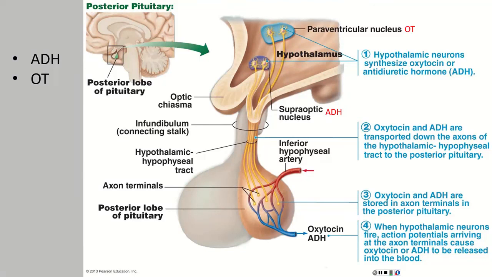On the other hand, hyposecretion of ADH causes diabetes insipidus. Now, we've mentioned this back in the kidney chapter, but we're going to go a little bit deeper now. Diabetes insipidus has the symptom polyuria, peeing a lot, that's what that means. Poly, much or many, urea, urine. So you're urinating a lot.